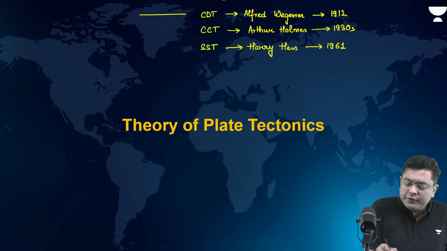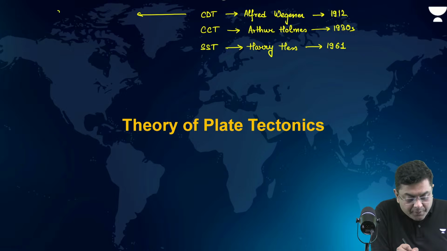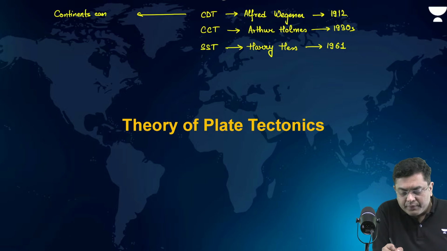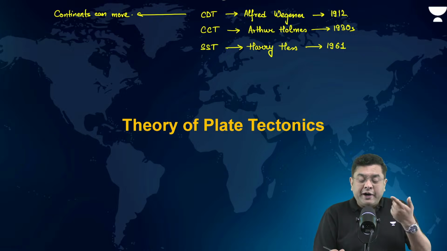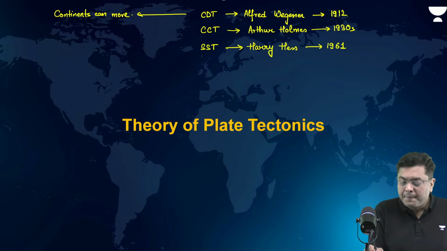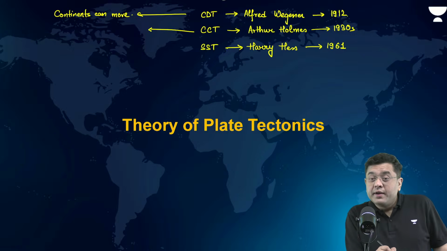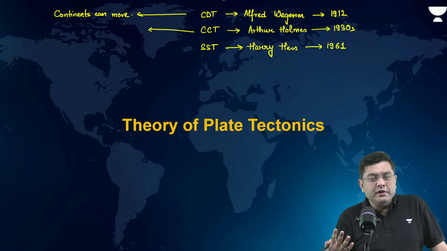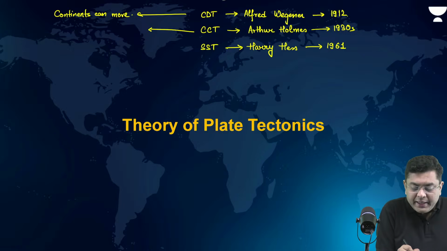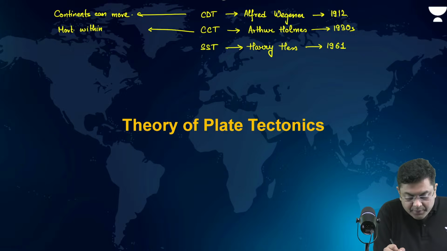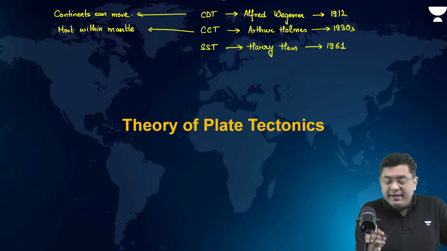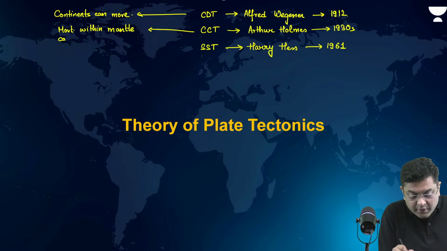What was the chief outcome of continental drift theory? The chief outcome was that continents can move. What was the chief outcome of convection current theory? Heat from the interior travels to the outside. Movement within the mantle can push the land away.